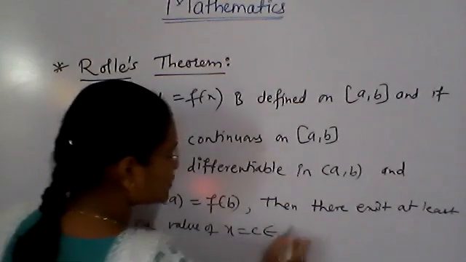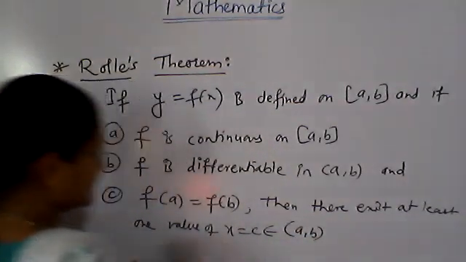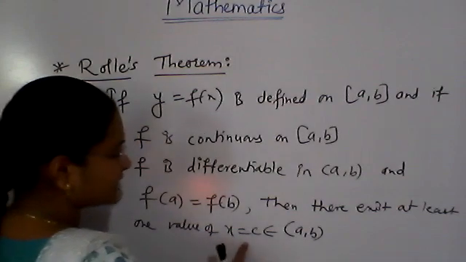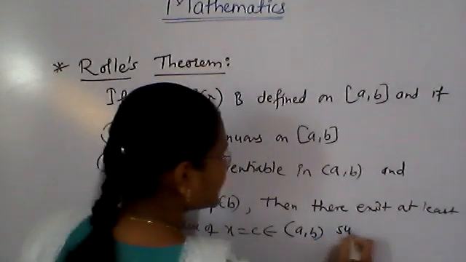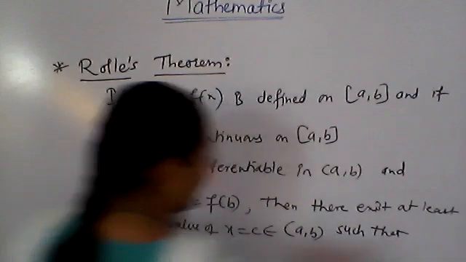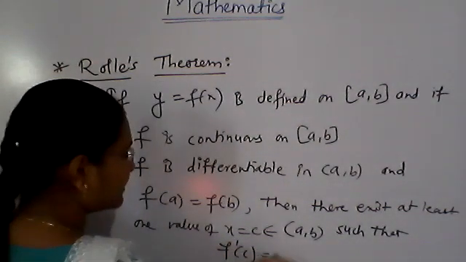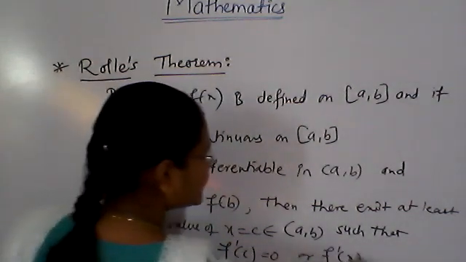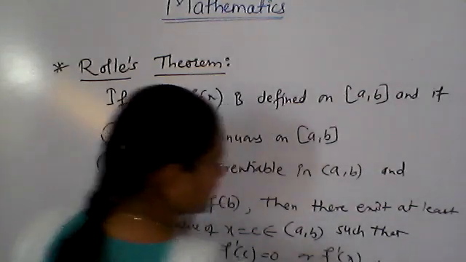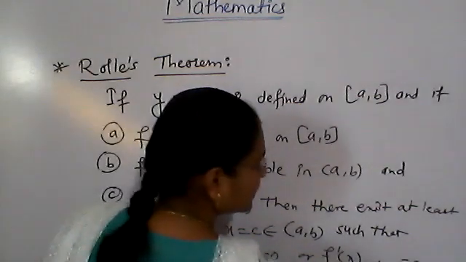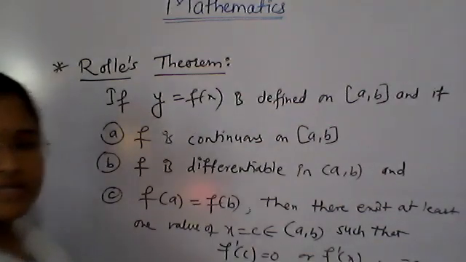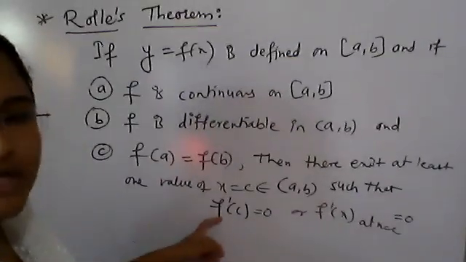This c belongs to the open interval a comma b. At least one value of x equals c belongs to ab such that f dash of c equals 0. This is also sufficient: f dash of c equals 0.